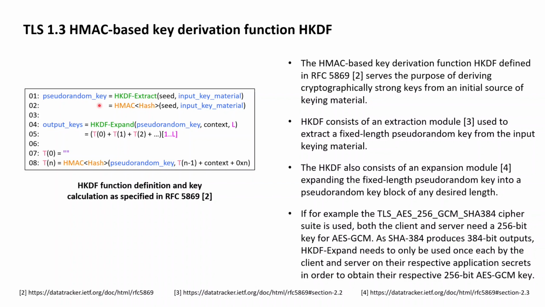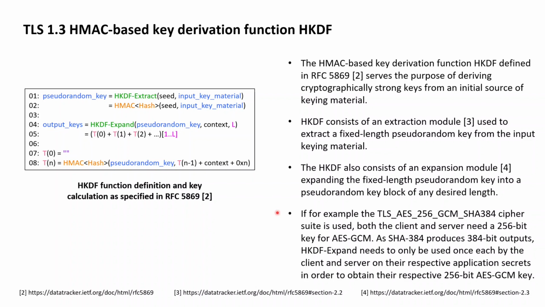As with TLS 1.2, I find it instructive to exercise an example, and the example I chose are the key derivations required for the TLS 1.3 cipher suite TLS AES 256 GCM SHA-384. For this cipher suite, both the client and the server require a 256-bit AES key for the encryption of the application data.